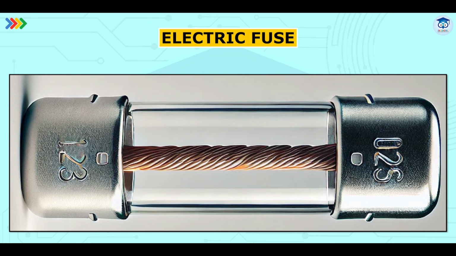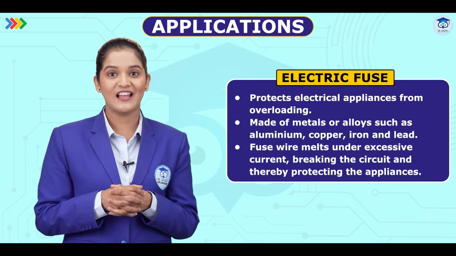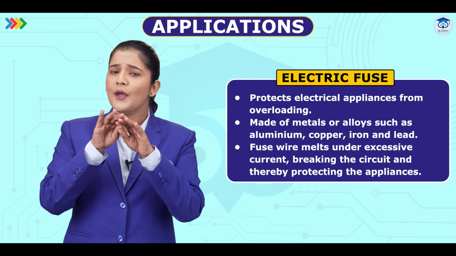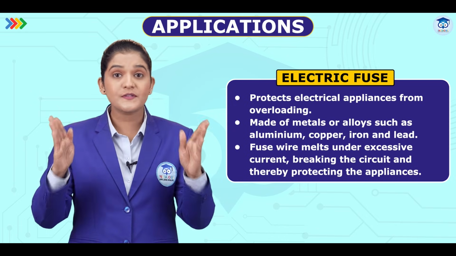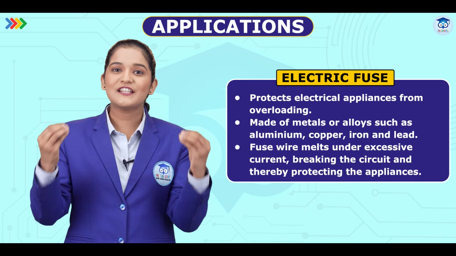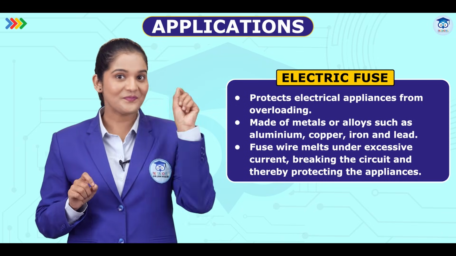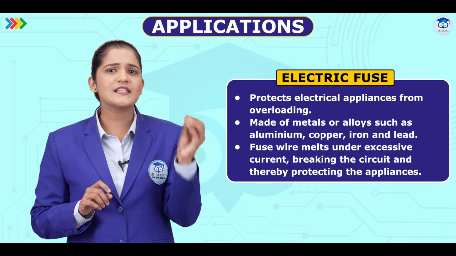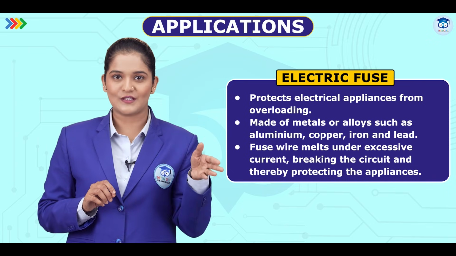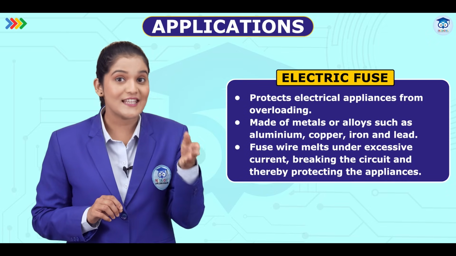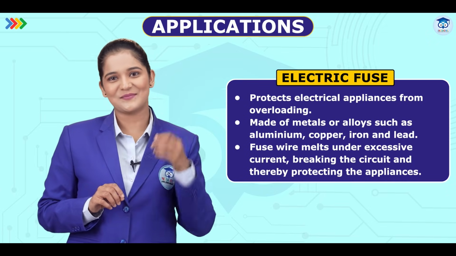When excessive current flows through the circuit due to a fault or overload, the fuse wire heats up rapidly and melts. This melting action breaks the circuit and stops the flow of current, effectively protecting the connected appliances from damage. Thus, the fuse operates based on the same heating principle, using it as a safeguard in electrical systems.